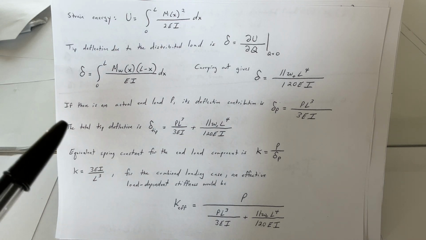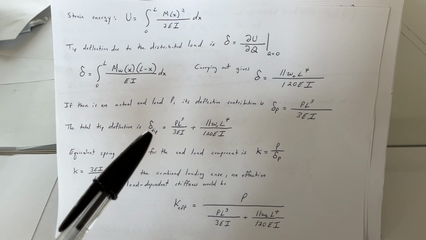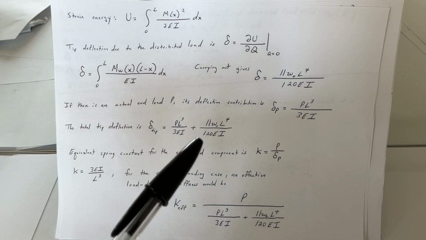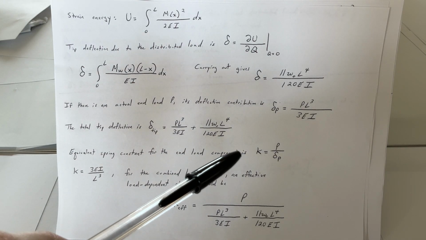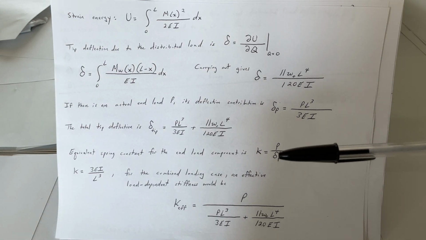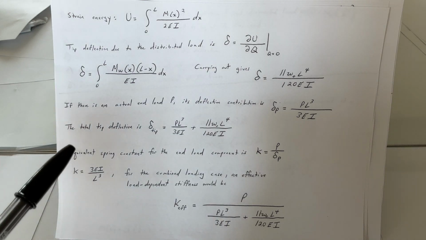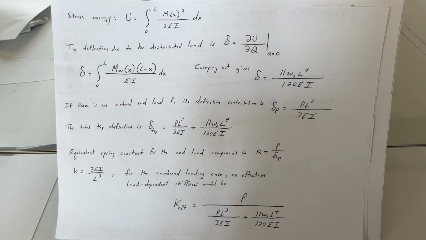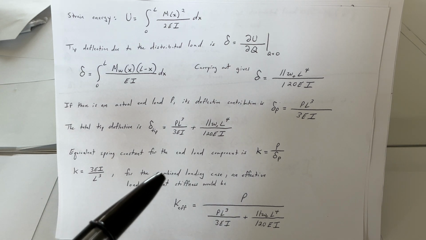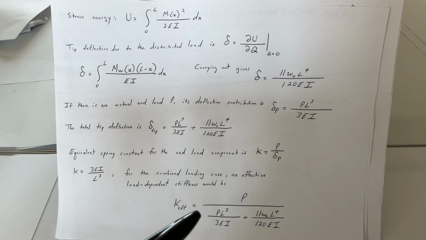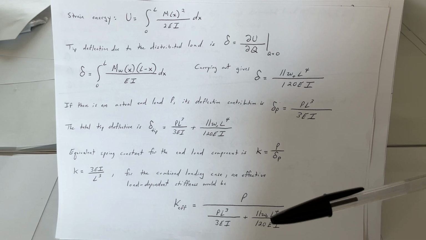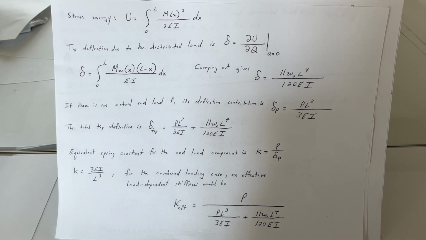The total tip deflection is PL cubed over 3EI plus 11 w naught L to the fourth over 120 EI. The equivalent spring constant for the end load component is K equals P over delta sub P, so K equals 3EI over L cubed. For the combined loading case, an effective load-dependent stiffness would be K sub eff equals P over the quantity PL cubed over 3EI plus 11 w naught L to the fourth over 120 EI.